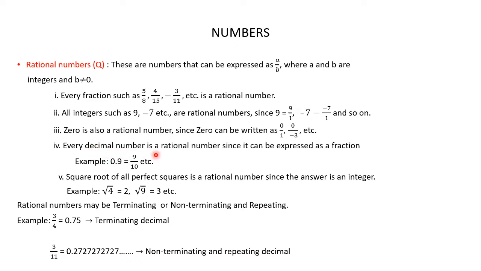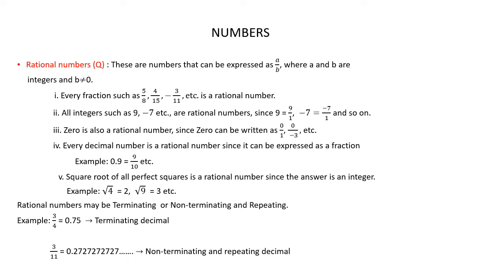Every decimal number is a rational number since it can be written as a fraction. For example, 0.9 can be written as 9 upon 10. Square root of all perfect squares is a rational number since the answer is always an integer.